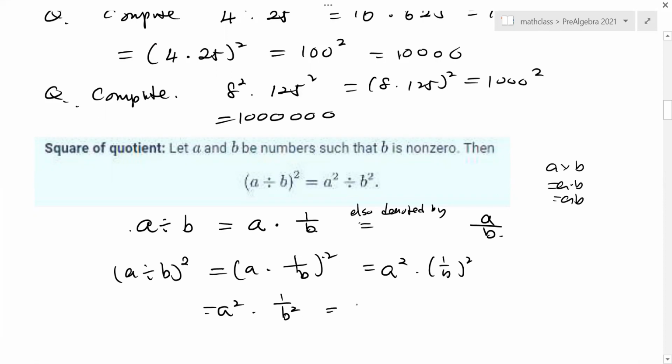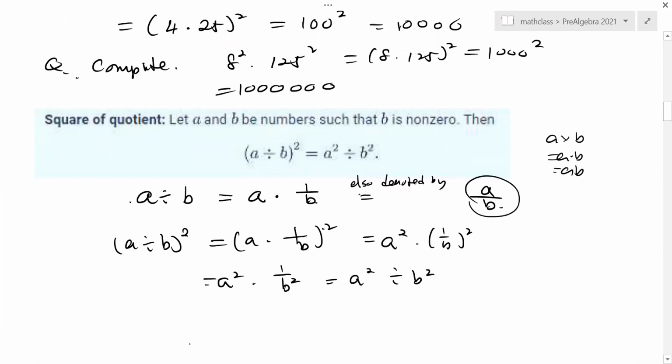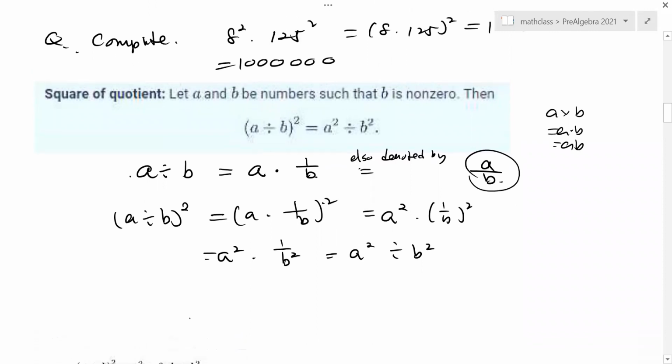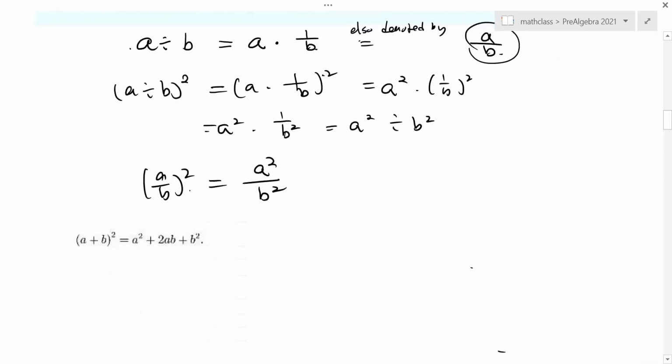So that is our notation, A squared divided by B squared. Now, if you use this notation for the division, then A over B squared is going to be A squared over B squared. So that is a formula.